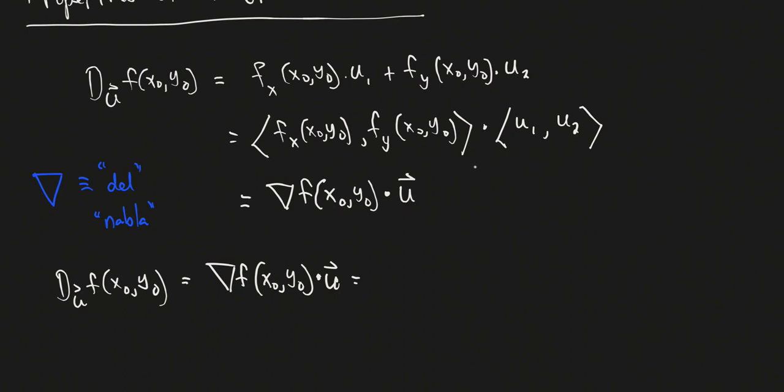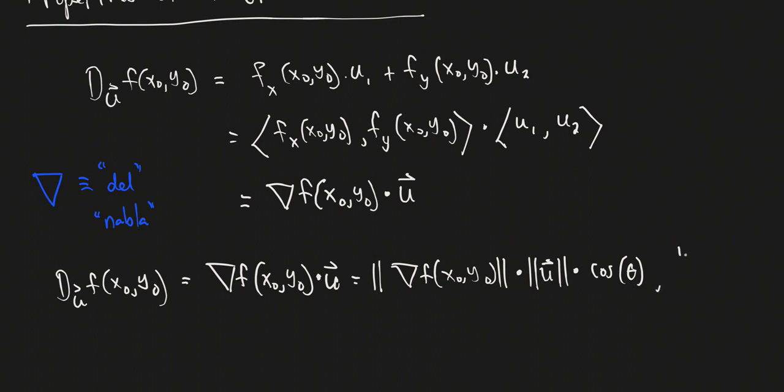The gradient is a vector, and of course our unit vector is a vector. So the alternative way of computing the dot product says I could take the magnitude of my gradient vector, multiply by the magnitude of my direction vector u, and then multiply that by the cosine of the angle between them.